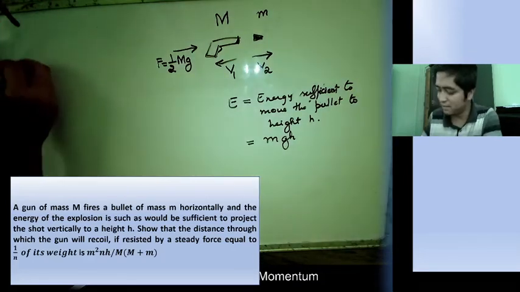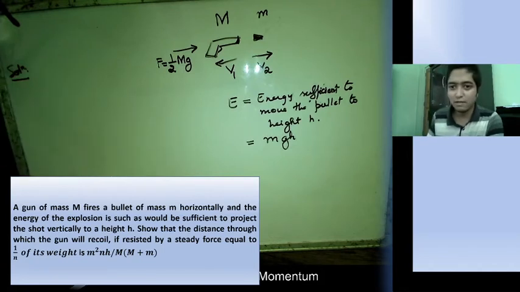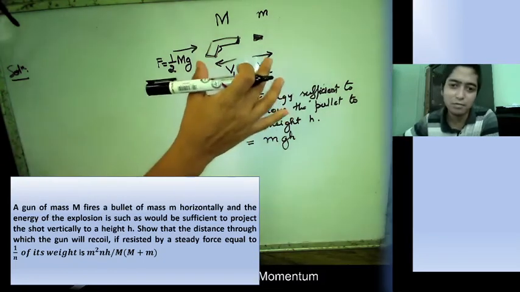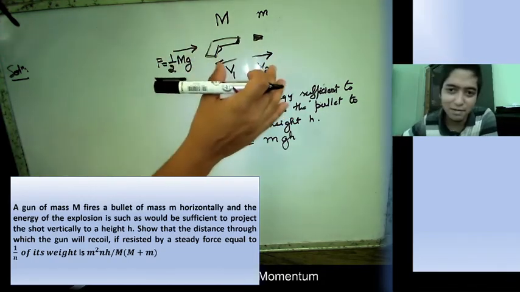So let's see the solution. When solving these problems, we need to remember that since this system is closed, there is no external force. You may disregard air resistance.